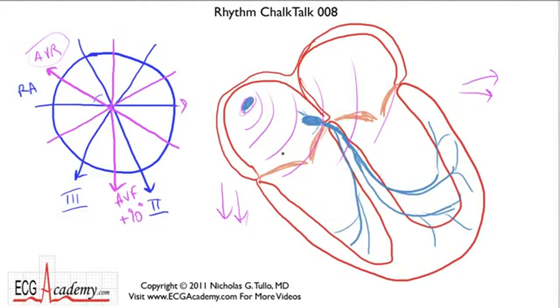It likely is arising from the low right atrium, because it's heading towards AVL, where the P wave was positive, but it's also positive in AVR. So it's traveling in those two directions, and of course it's going away from 2, 3 and AVF. It's arising from the low right atrium and traveling towards the head. So that tells us that's an ectopic focus somewhere in the low right atrium that takes over the rhythm.